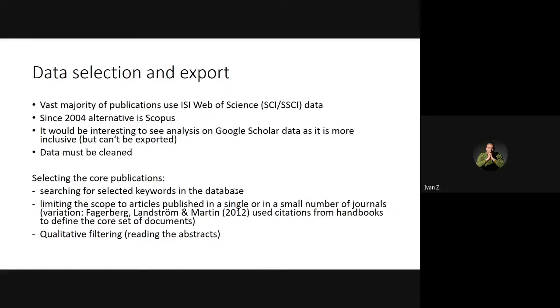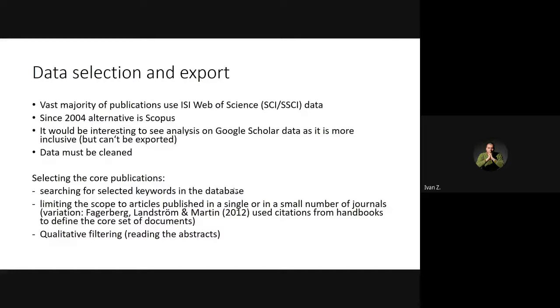And finally, you can also use qualitative filtering. So basically, you read the abstracts, and for each paper, you decide whether it is within the scope of your review or not. And you can combine these three methods, and which one you will use is mostly dependent on how good your keywords are. Because some keywords are much better than others.